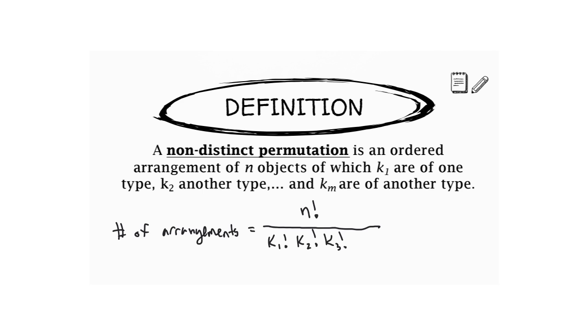There doesn't need to be a third type. Maybe there's only 2 types. But you just keep going for each K sub i, which is representing the number that are of each type.